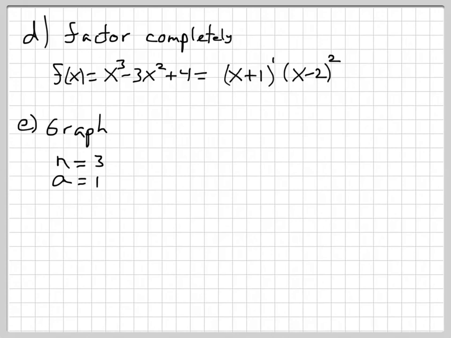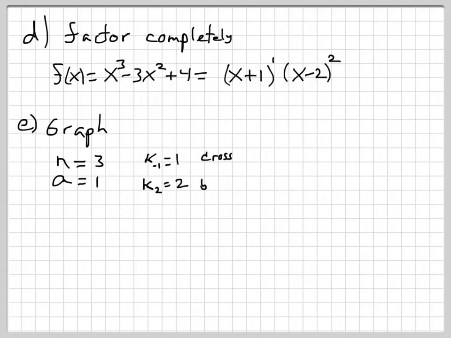And so when graphing, it's going to be important for me to know the degree of the polynomial and the leading coefficient. And so n is equal to 3 is the degree, that is the highest exponent. And then the leading coefficient will be a is equal to 1. Now that's going to tell me about the tails of the graph.